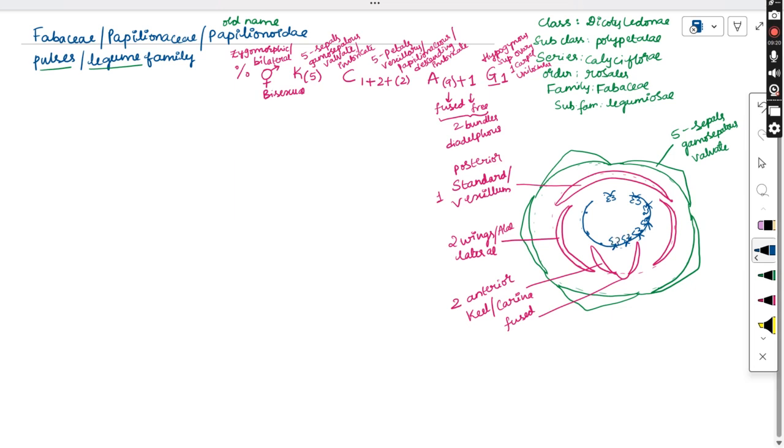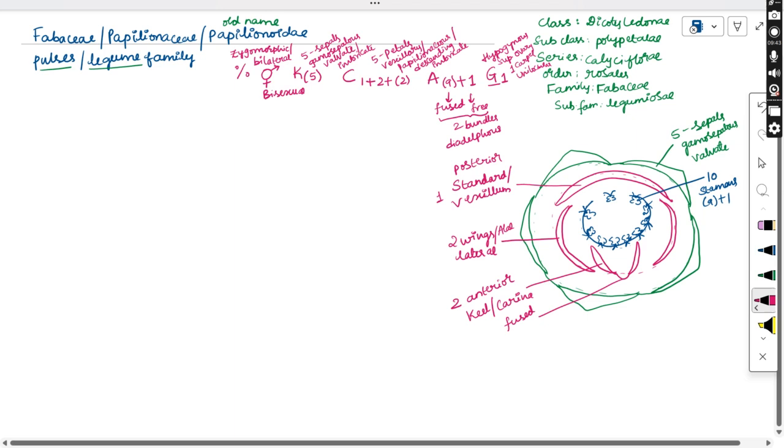These are the third whorl of it and all the 9 are fused forming one bundle, remaining one is free forming another bundle. So total in the third whorl 10 stamens are present arranged in 9 plus 1 condition, showing the didelphous condition.